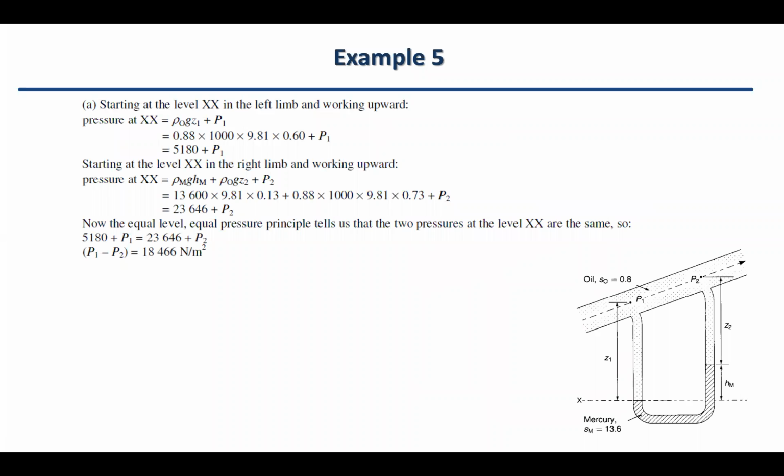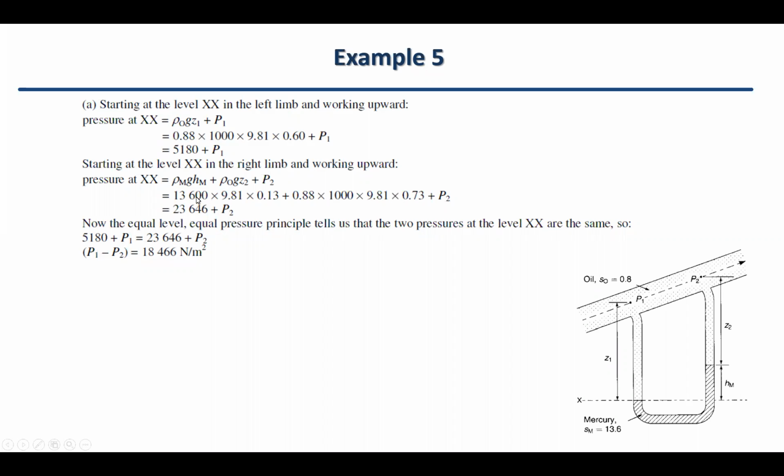It's more or less straightforward, but we're going to see all the results here. For the first case, with the density of the oil, we write the pressure at XX in the left limb as rho O g Z1 plus P1. Rho oil is 0.88 times 1,000, so it equals the density of the oil times 9.81 times 0.6, which is Z1, plus P1.